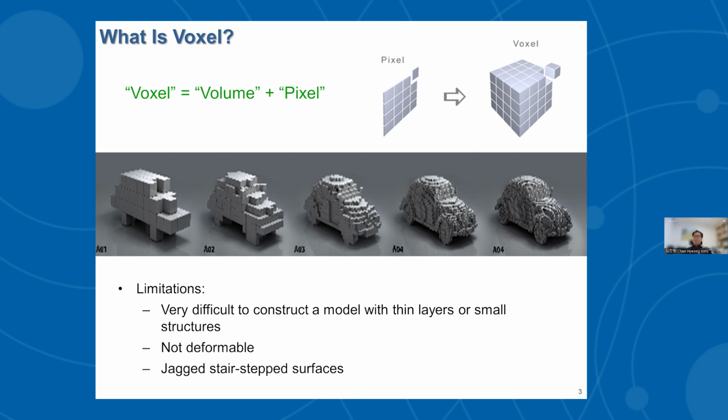First, it is very difficult to construct a model with very thin layers or smaller structures. For example, to define a thin layer in a voxel model, the size of the voxels should be very small.